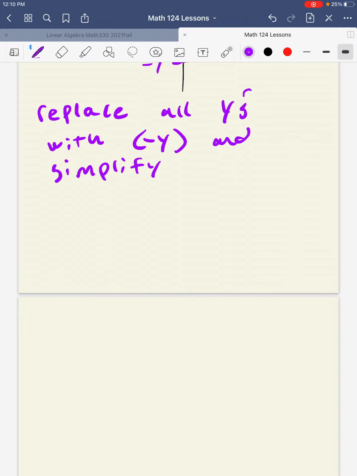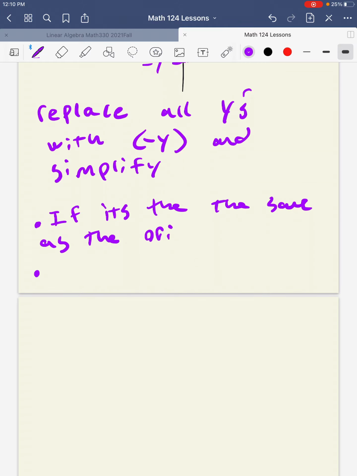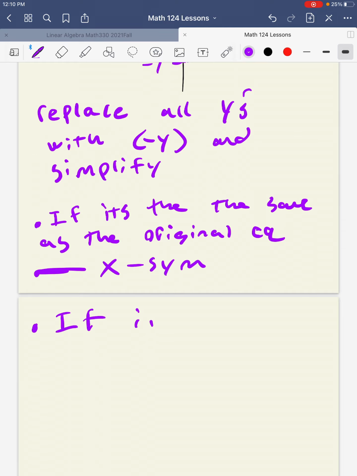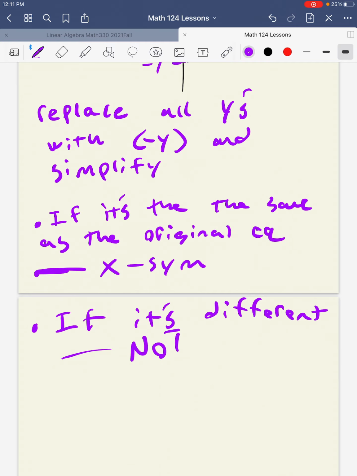Either the simplified result is the same as the original equation, then we have x symmetry. If it is different, then we just can conclude it is not symmetric about the x-axis.